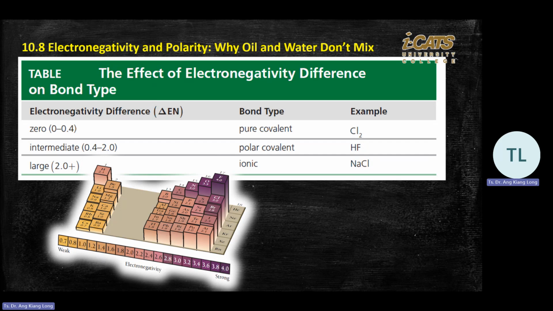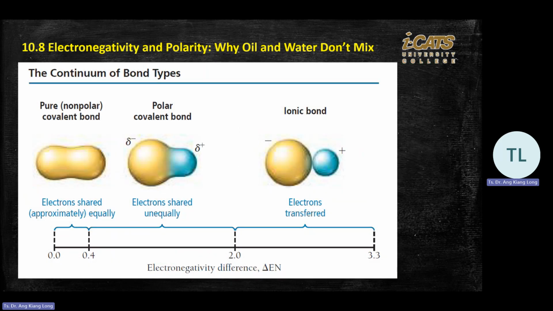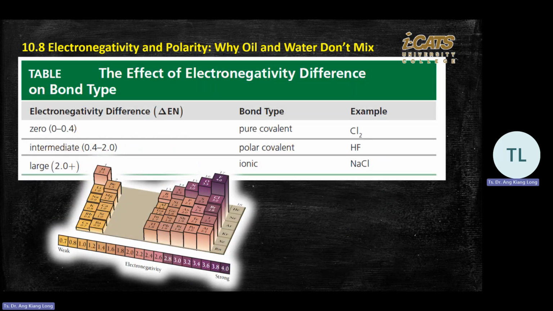Okay, so this is an illustration of the 3 types of bonding in graphical form, because some of you are unable to imagine what this is. Pure covalent is also known as non-polar.